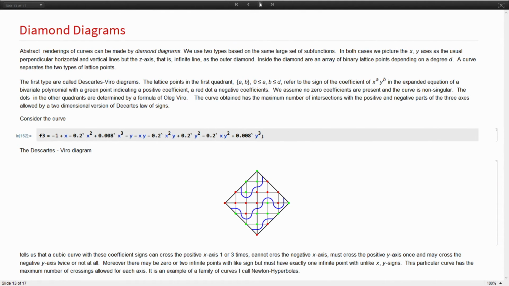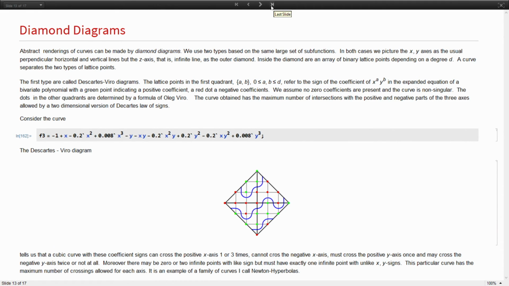Okay, so the final thing I have to tell you about is our final representation. This is called a diamond diagram, and the diamond diagram comes in two varieties. One is where, on the first quadrant, we take the sign of the coefficients, and if the sign is positive, it's a green point.